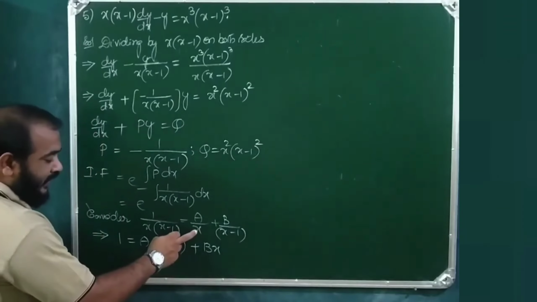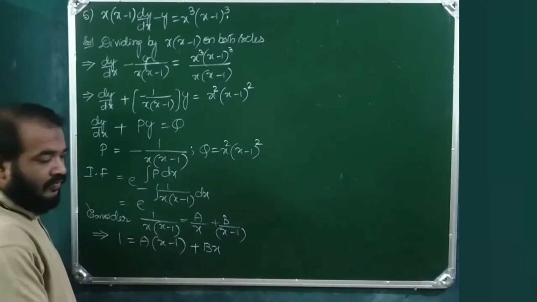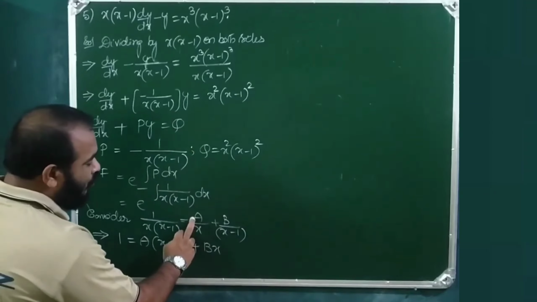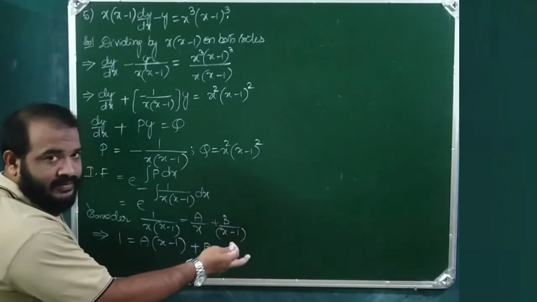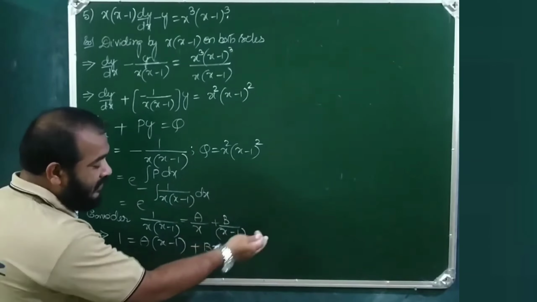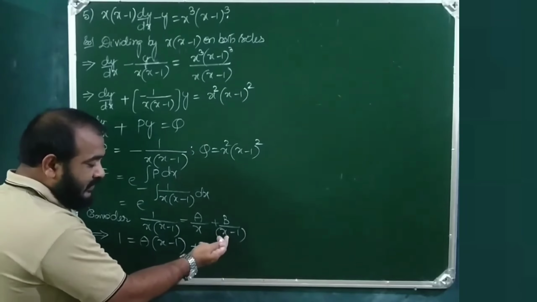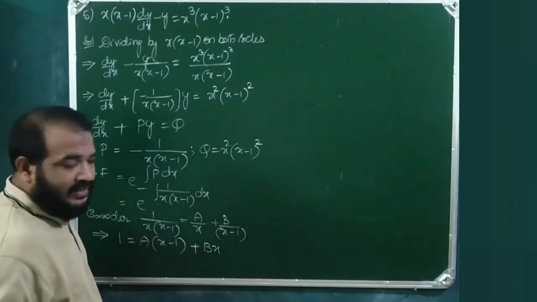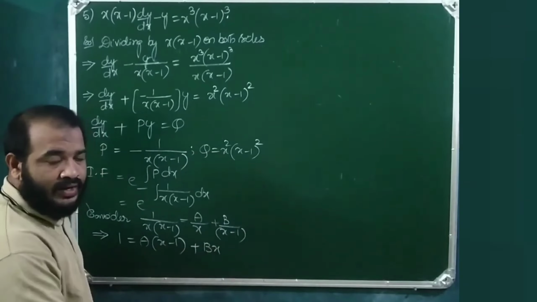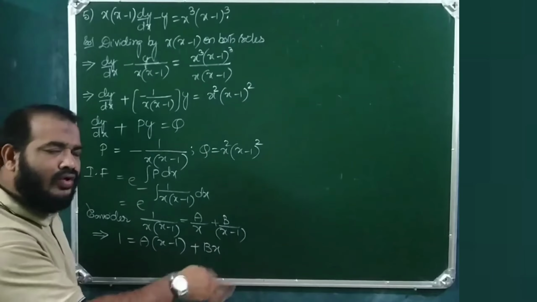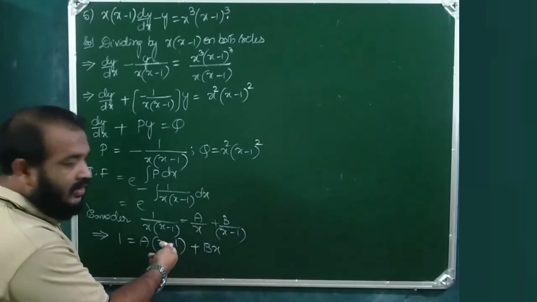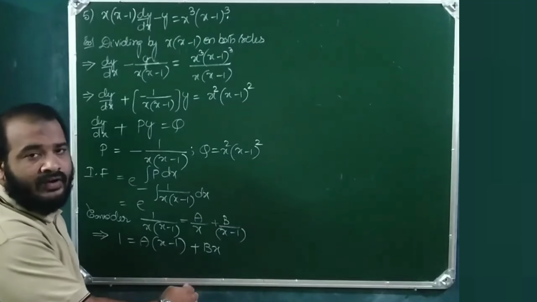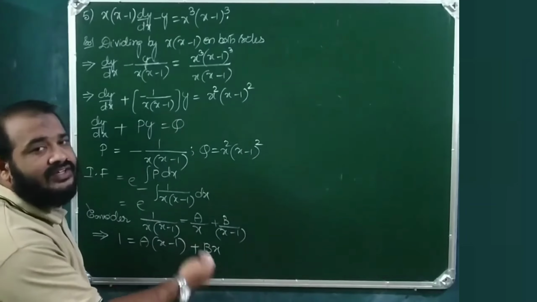So equate x equals 0, then one of the two constants a and b we will be getting, and to obtain the other constant, since x minus 1 is also a linear factor, equate it to 0, x equals 1, and x equals 1 is the root or solution, and so the root or solution has to satisfy the equation. So in this way we will obtain the second constant also.